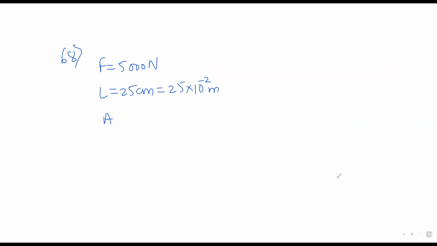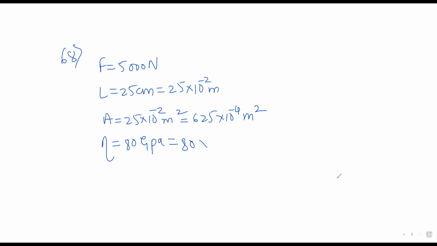So then area they have given: 25 into 10 to the power of -2 meters square, or this becomes 625 into 10 to the power of -4 meters square. And modulus value they have given is 80 gigapascal, or you can write giga is nothing but 10 to the power of 9, value in pascal as it is.